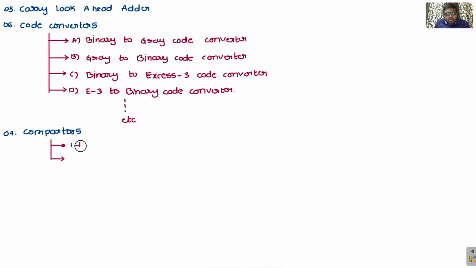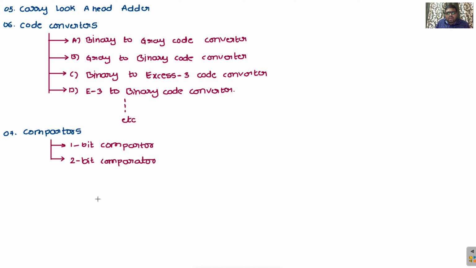That is one bit comparator, and next 2-bit comparator. Then we can take 3-bit comparator, 4-bit comparator, like that.